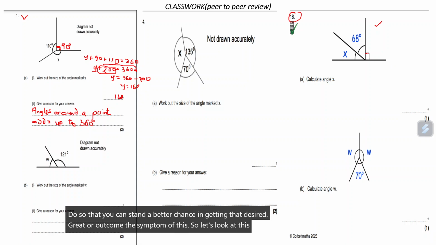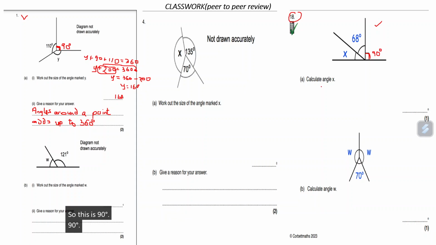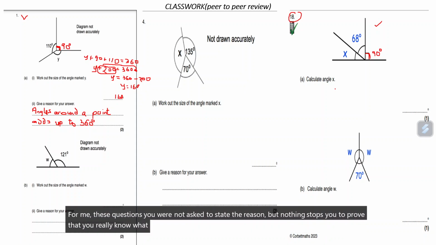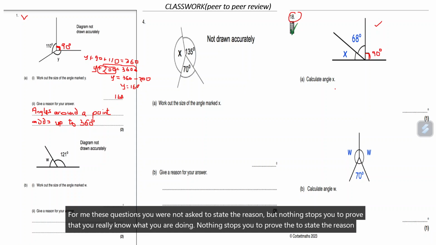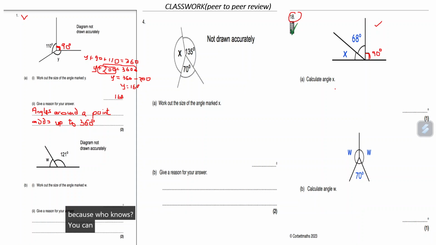As usual, if you can spot this, this is 90 degrees. In this question, you were not asked to state the reason, but nothing stops you from proving that you really know what you are doing. Nothing stops you from stating the reason, because who knows, you can get marks associated with that.